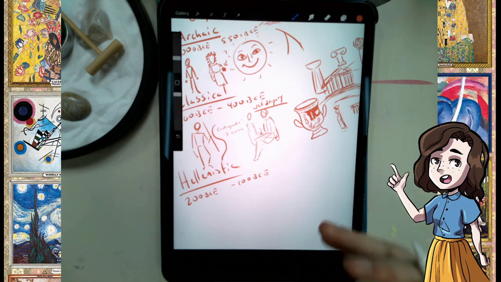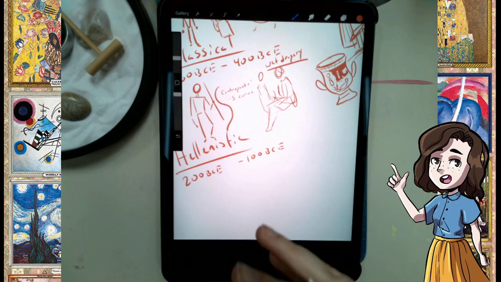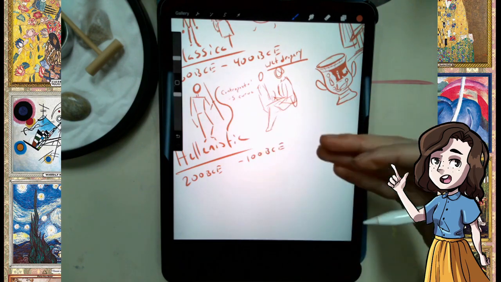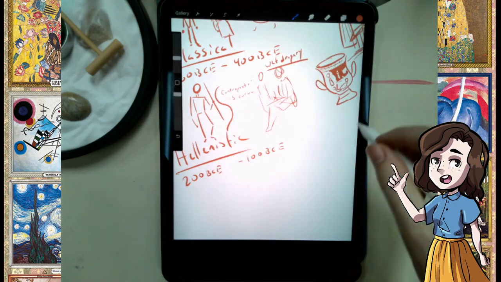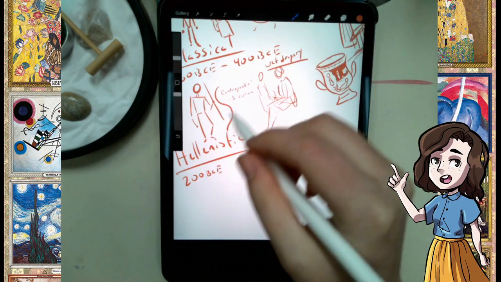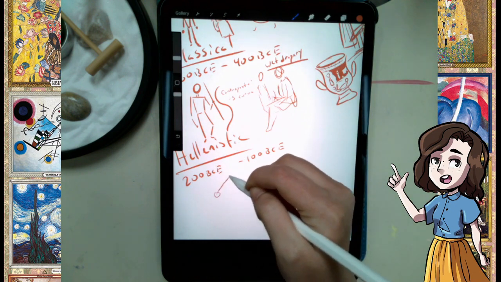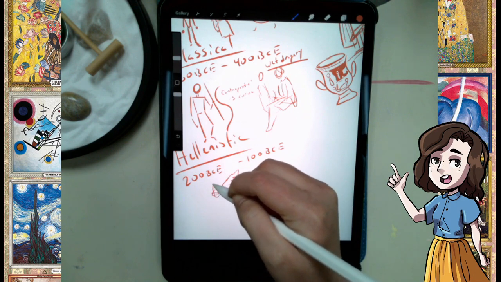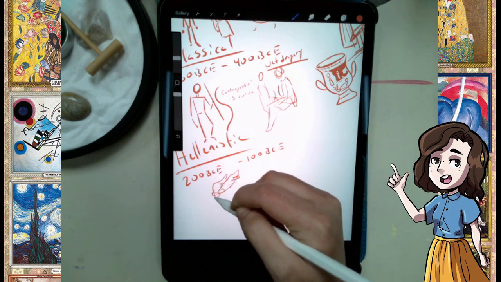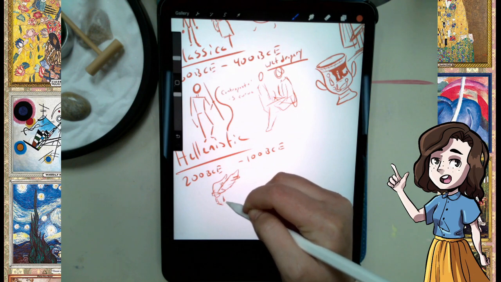And our Hellenistic Greek works really show off exaggeration, emotion, drama. They're taking what they've learned as a culture artistically and expanding upon it. So we have things like Nike, winged victory of Samothrace, showing off movement as she stands on the bow of a ship.